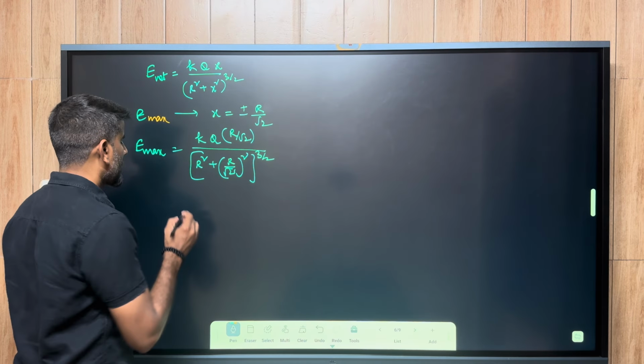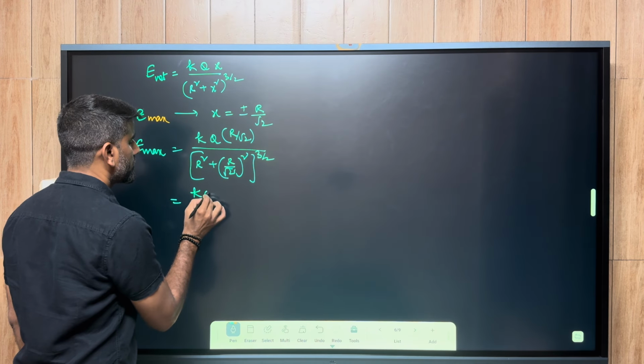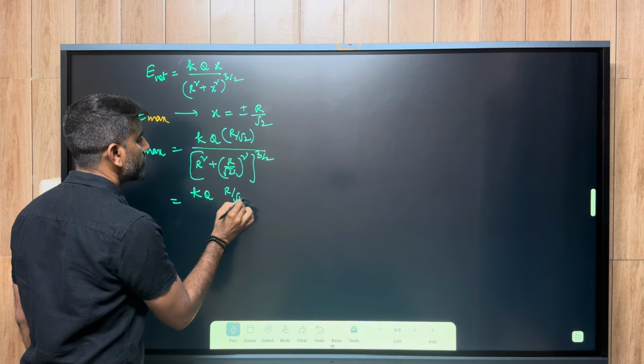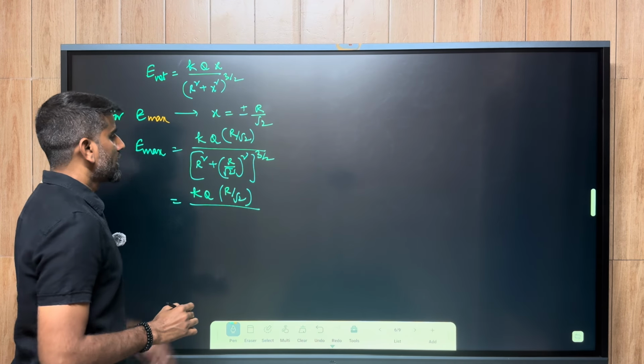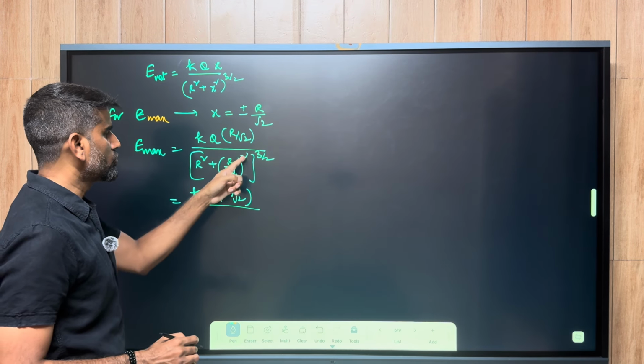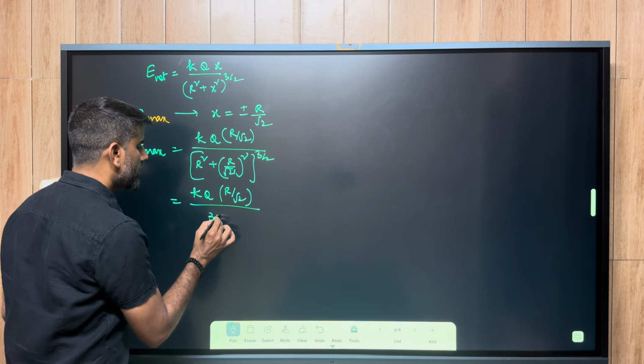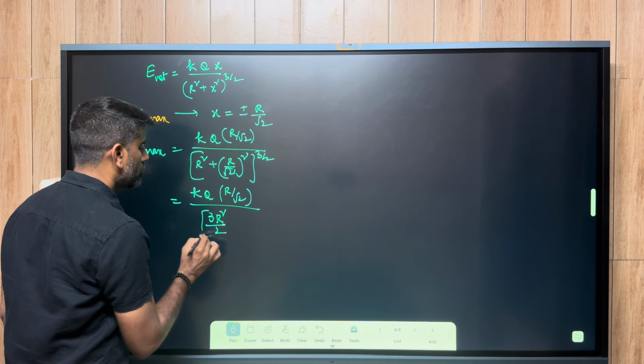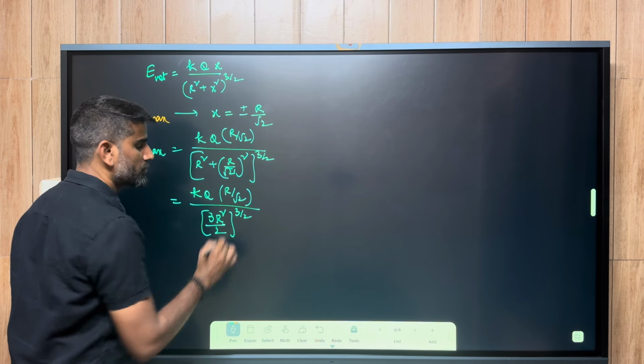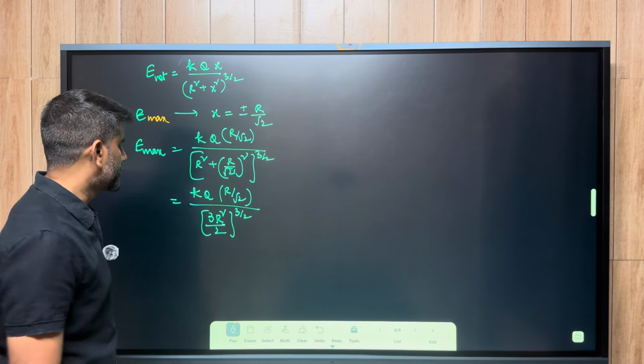Let's simplify this one. Now k q r by root 2 by r square plus r square by 2, we will get 3r square by 2, whole to the power 3 by 2.